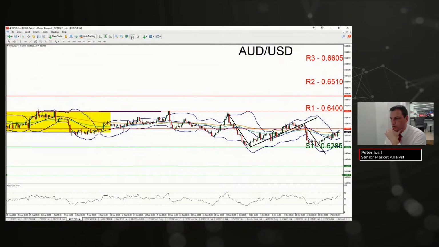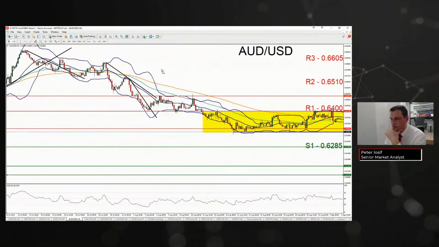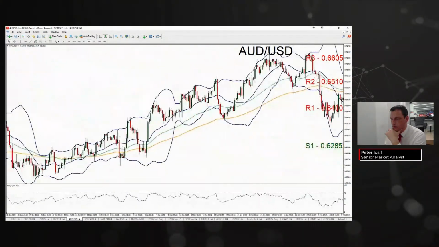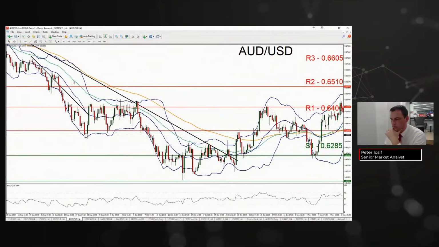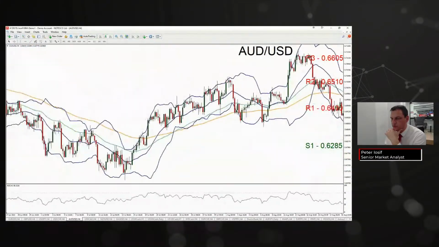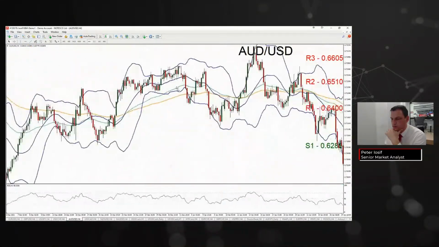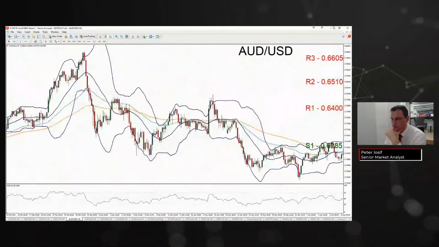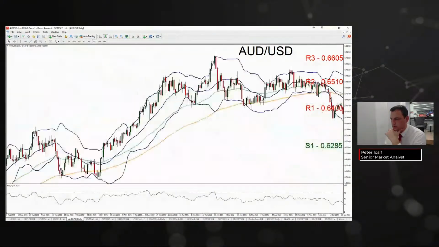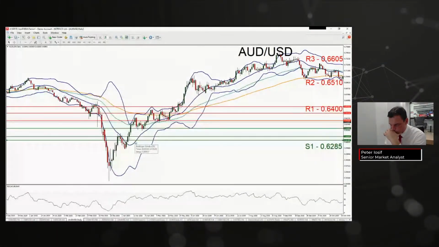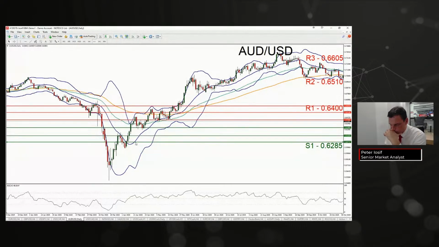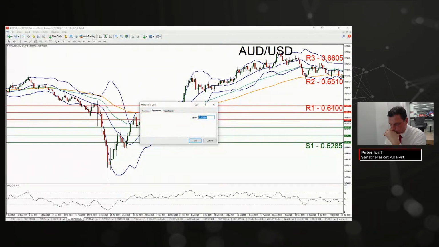The ultimate support line. Okay, we have marked the S1 and the S2. Daily chart. 0.6165. Could be even 70.